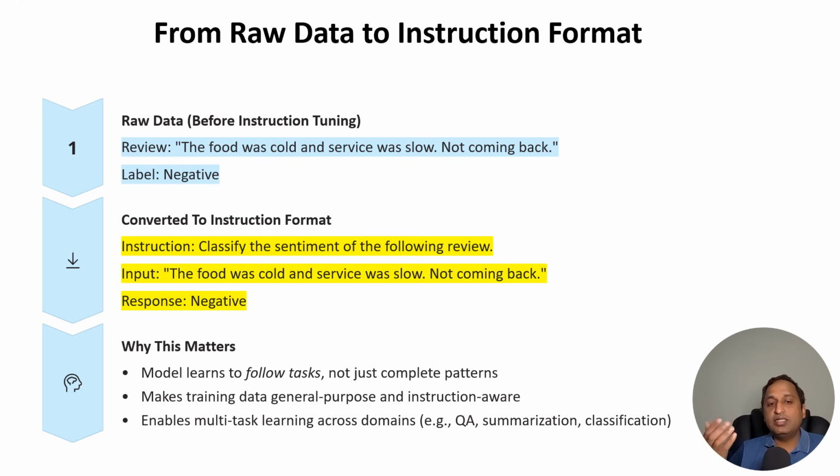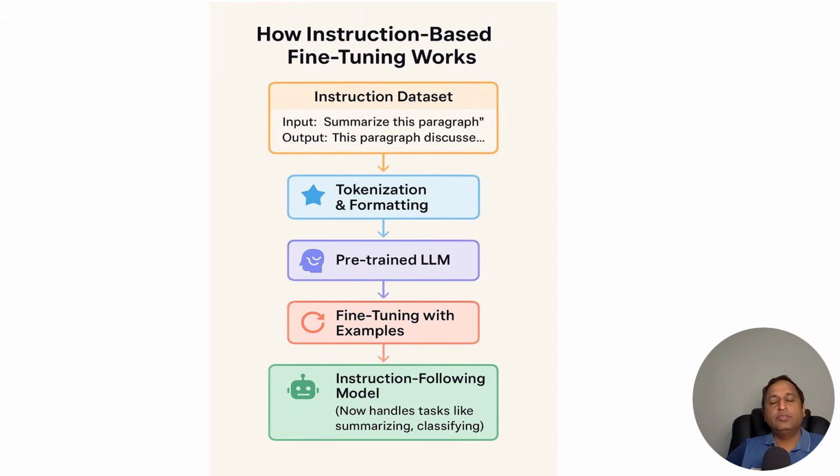What this does is enable the model to learn different tasks like answering questions, summarizing some text, or maybe doing classification. This is where you make training data, a general purpose data, into an instruction-aware type of data.